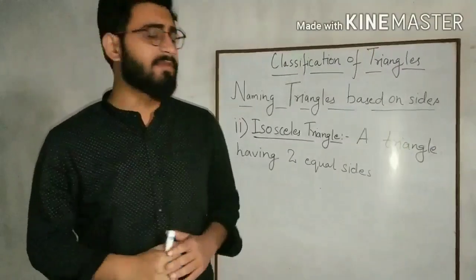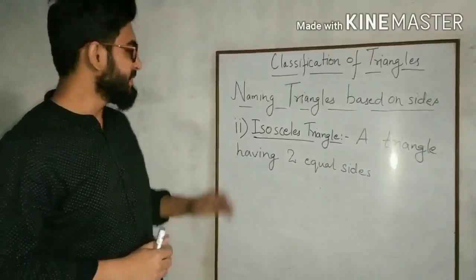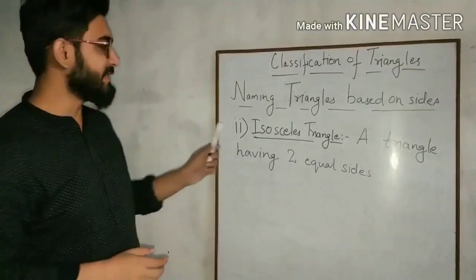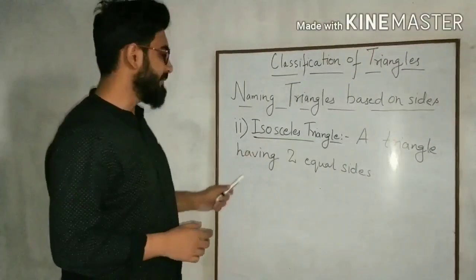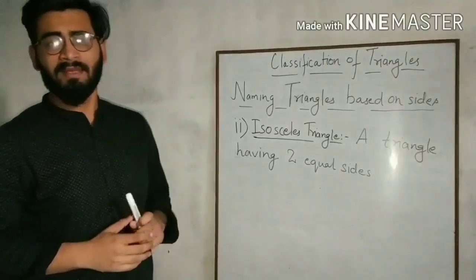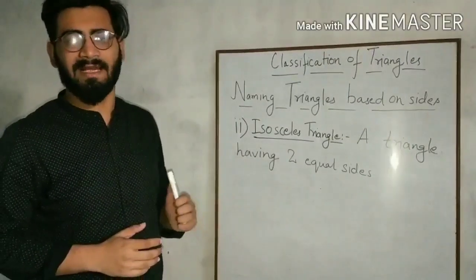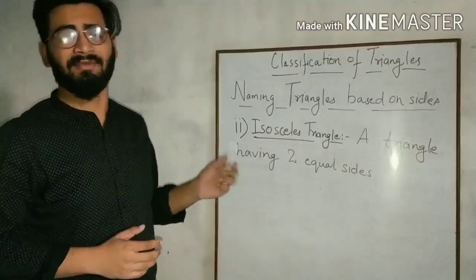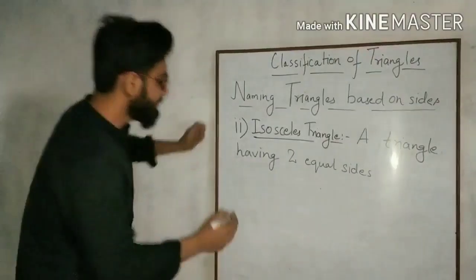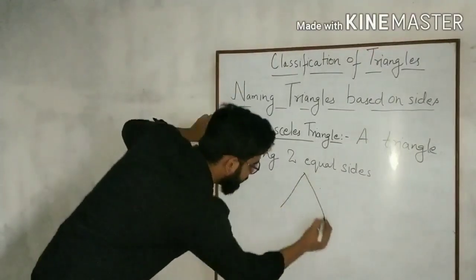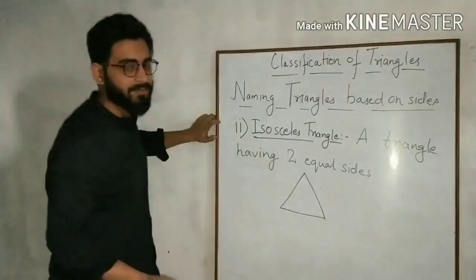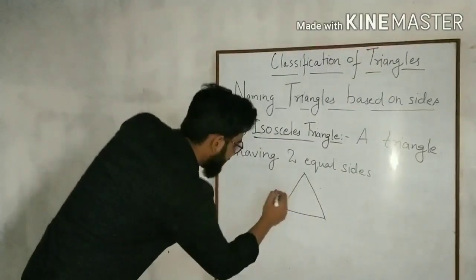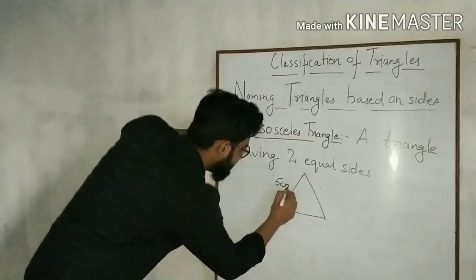Now the second type of triangle based on sides is isosceles triangle. What is an isosceles triangle? A triangle having two equal sides. Okay. If the triangle is having two equal sides, then it is an isosceles triangle. Look here, it is a triangle. Okay, this is a triangle, and suppose that this side is of 5 centimeter.